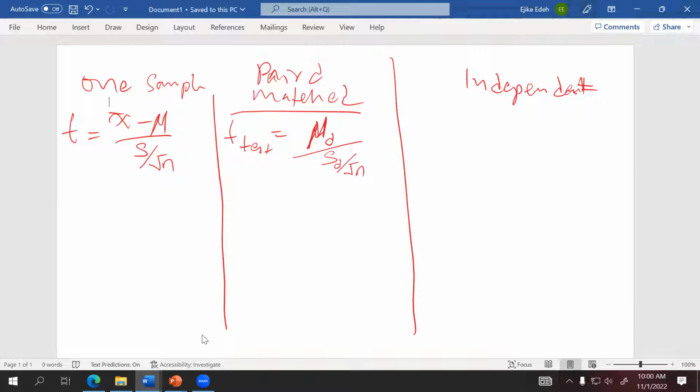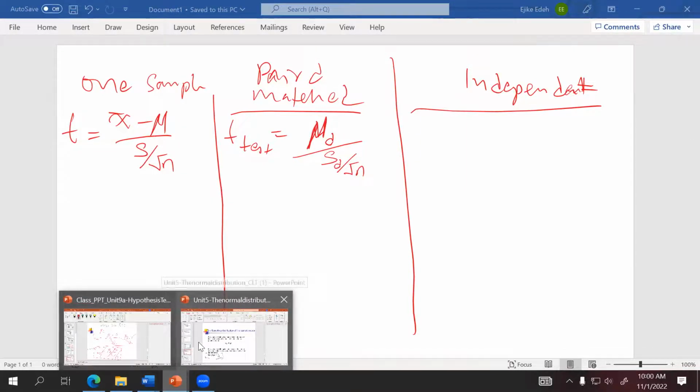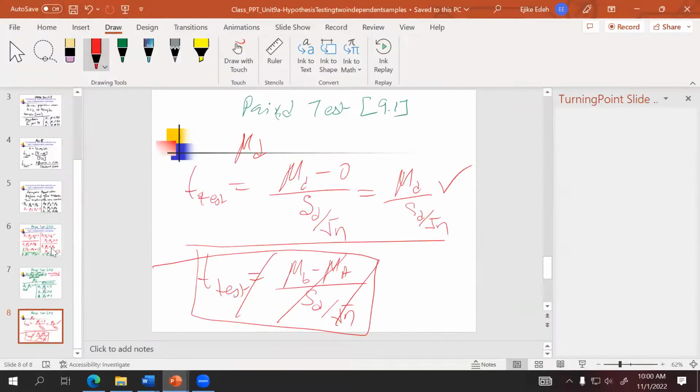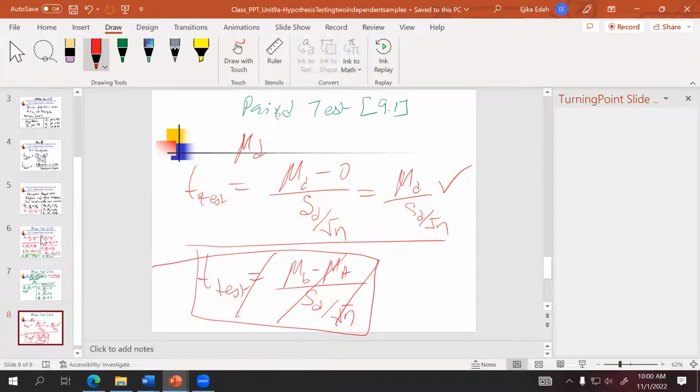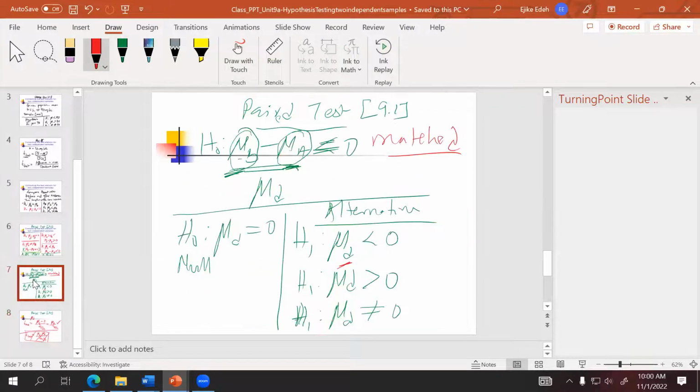In the video, you get the difference and then find the mean. But over here today, we are assuming that the data are not really related, like data that are independent from each other. So the combination we did here, the way we turned this into mu-d, is not possible. We did that because they are coming from the same individual.